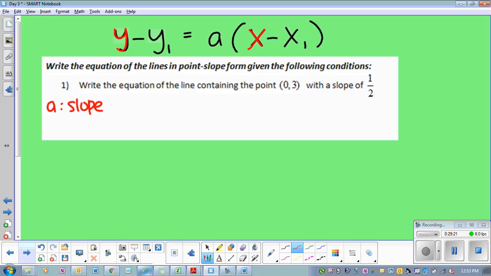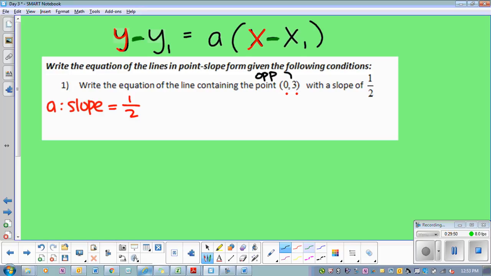Okay, what is your slope here? 1/2. Okay, 1/2. And then they gave me a point 0, 3. When you guys go to plug it in for x1 and y1, you see how there's a negative in front of it? So you have to remember, when you plug it into the equation, this is going to feel like the opposite.